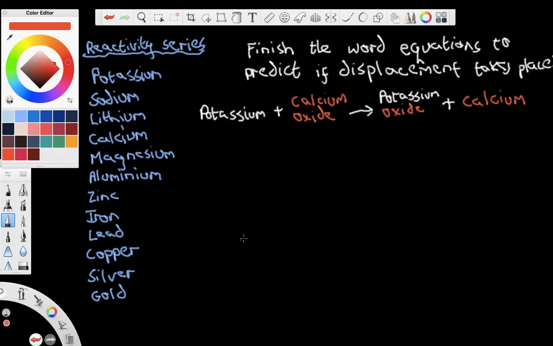Let's try another. So this time you're going to react together zinc and lead nitrate. Pause the video now, finish off that word equation, press play when you're ready to go over the answer, make sure you've got a different coloured pen.